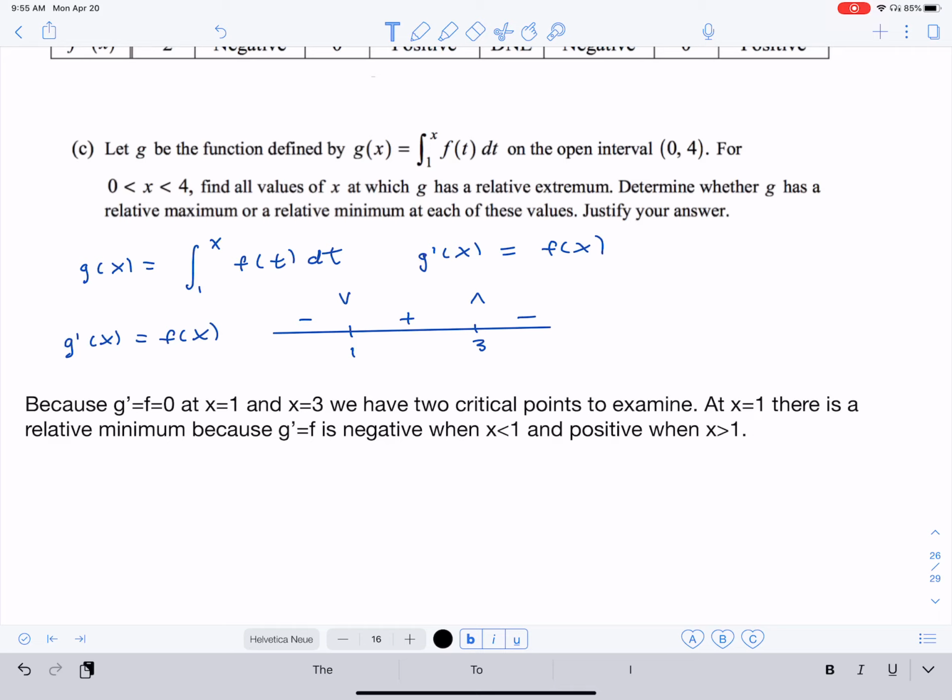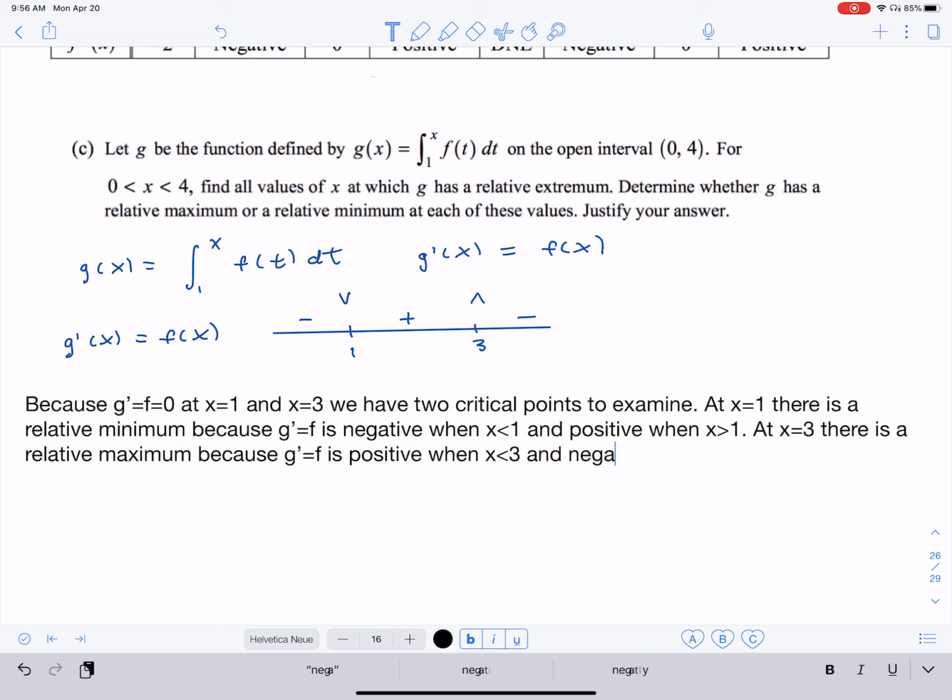Next, at x equals 3, there is a relative maximum because, and I'm just going to repeat myself again, g prime equals f, and f is positive when x is less than 3 and negative when x is greater than 3.